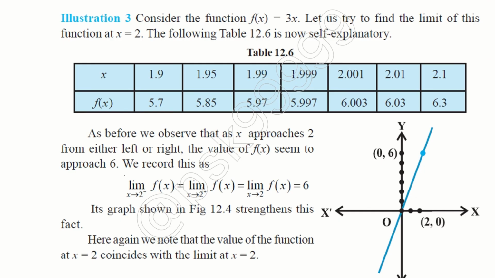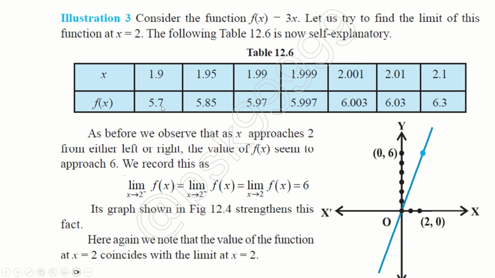So let's take another example. You may not always be given a function definition. You may be given a table where the x values and the function values are defined. If you see here, we need to find the limit of this function at x equal to 2, but the x equal to 2 information is not given. It comes in between these two.